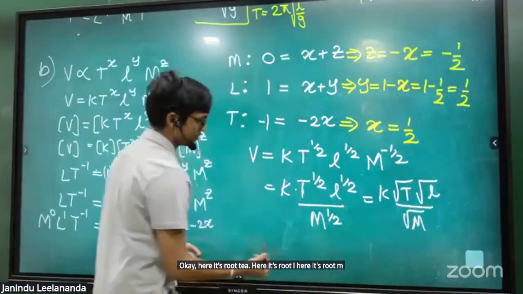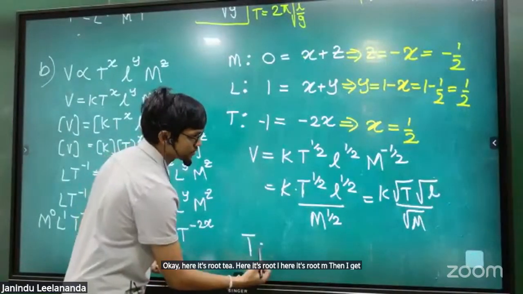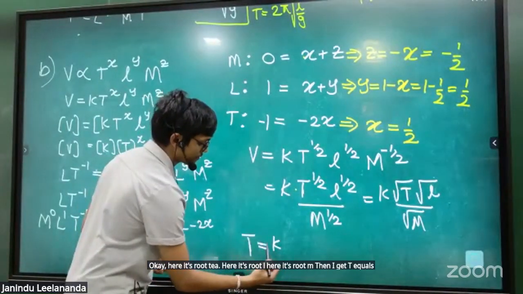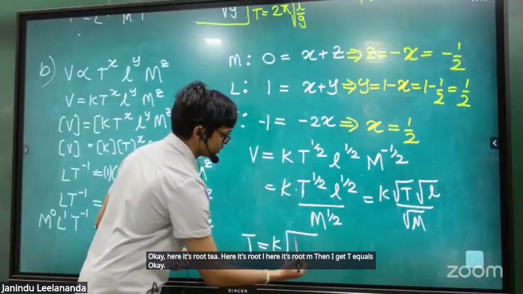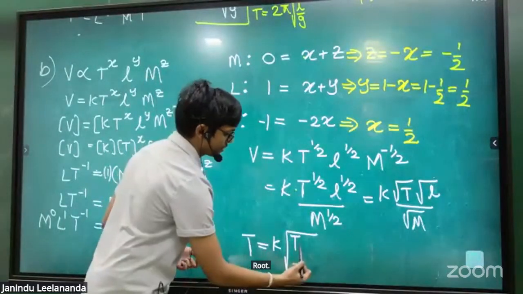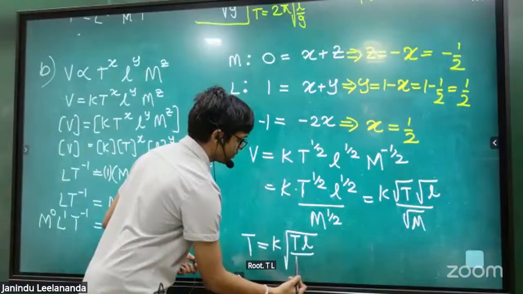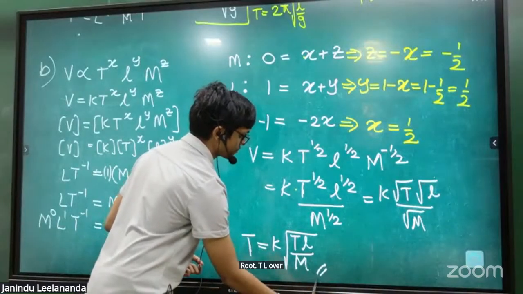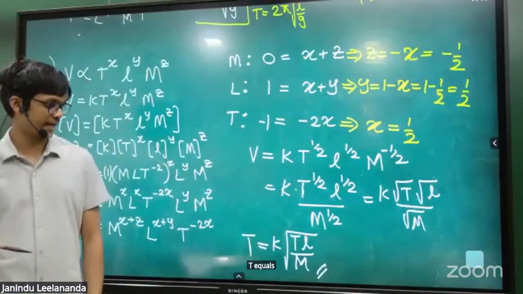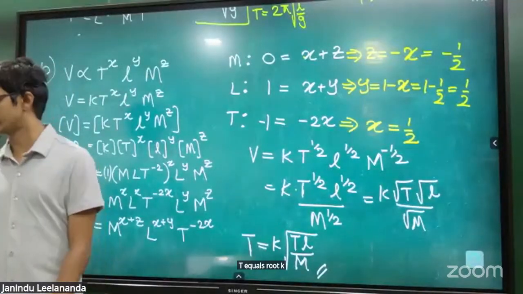Then I get t equals k root t L over m. Clear?